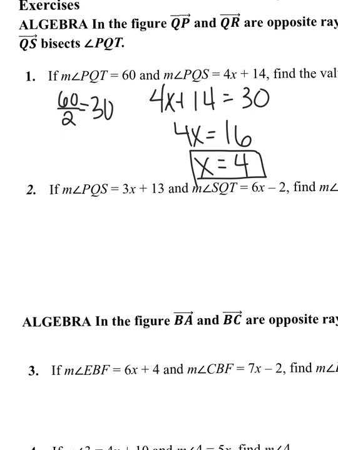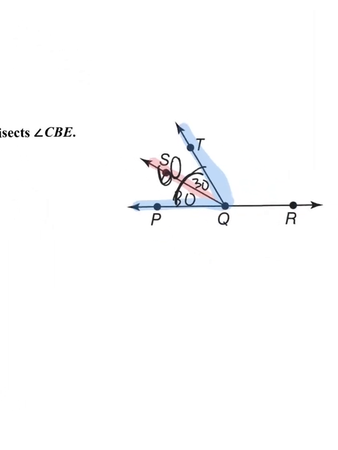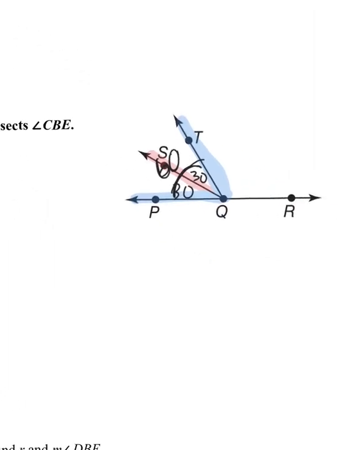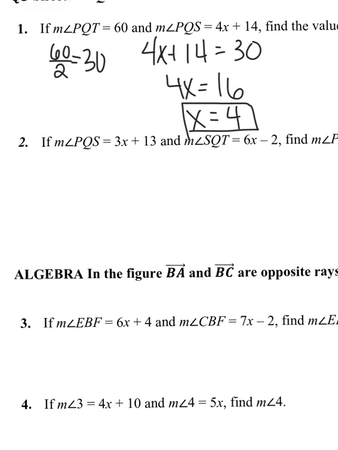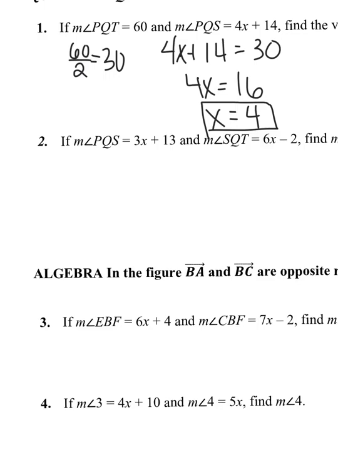So question number 2 is now talking about PQS and SQT. So we go to PQS, we go to SQT. Because SQ was an angle bisector, those two angles are equal to each other. So we come here and say that the two angles are equal to each other.